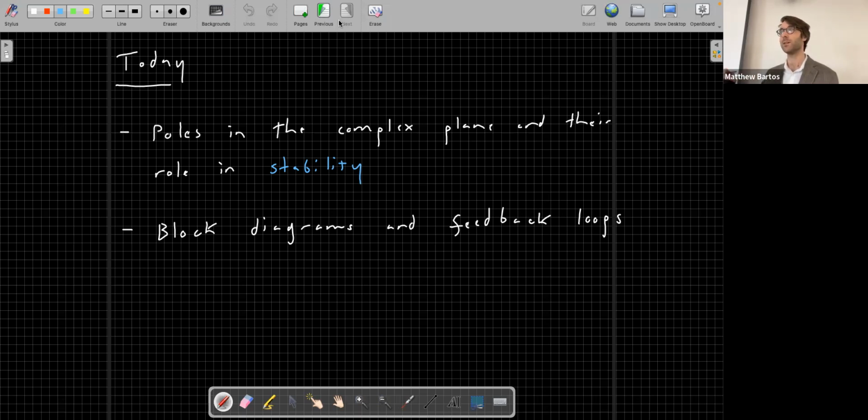Generally, they will always come in complex conjugates. Yes. So complex poles will always come in conjugate pairs. You'll never get just one complex pole just by itself. They'll always come in pairs. Okay, good question.